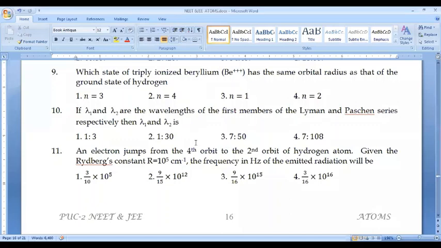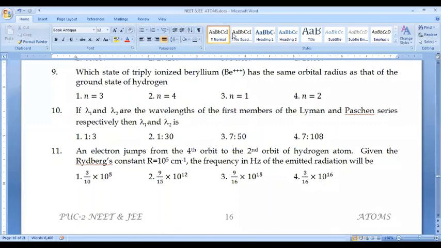If lambda 1 and lambda 2 are first members of Lyman and Paschen series respectively, then the ratio of lambda 1 and lambda 2 is, so you should calculate.